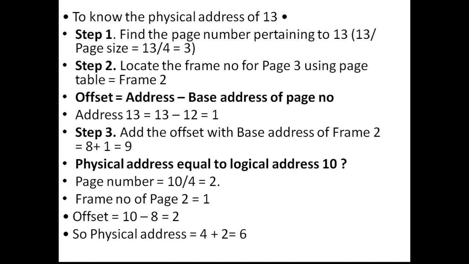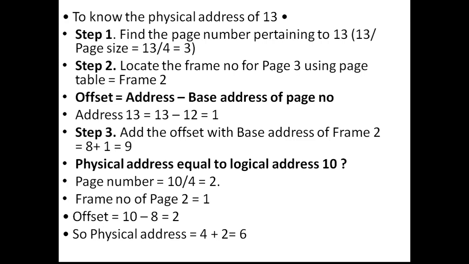To summarize, we have discussed the basics of paging, and after that how to calculate the number of address bits needed for a given memory size, and then how to split those address bits into the number of bits for page number and the number of bits for offset.